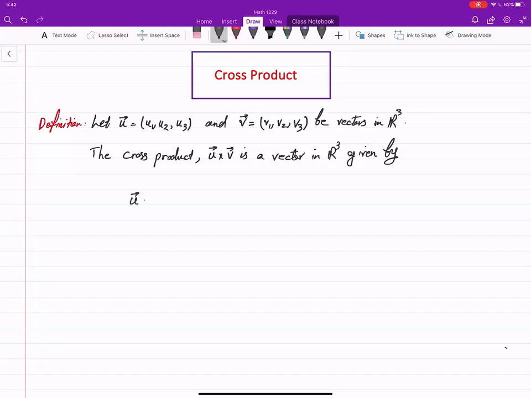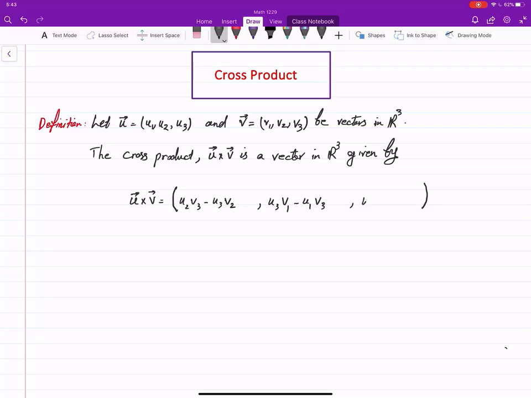U cross V has this form: first of all, it's a vector in R3, so we have three components. The first component is U2 V3 minus U3 V2. The second component is U3 V1 minus U1 V3.